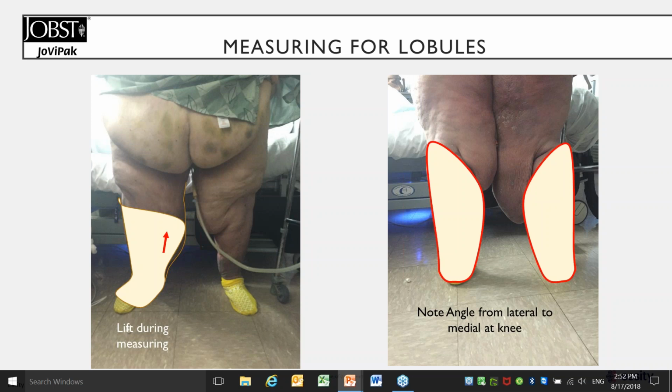And so you can see that it will allow for better lymph drainage, and that is the whole point to these garments, of course. When you're ready to measure for the upper leg lobule, you'll do that next.